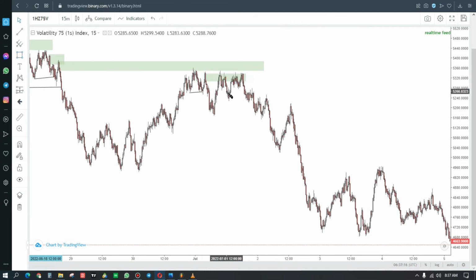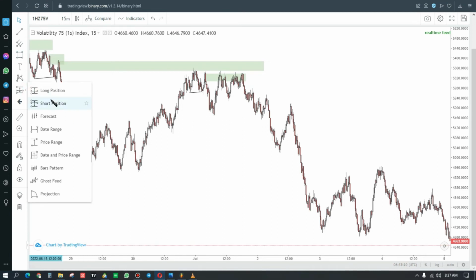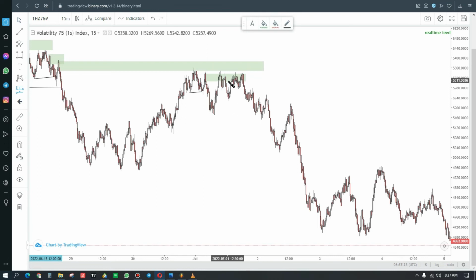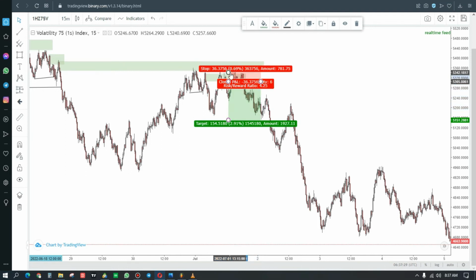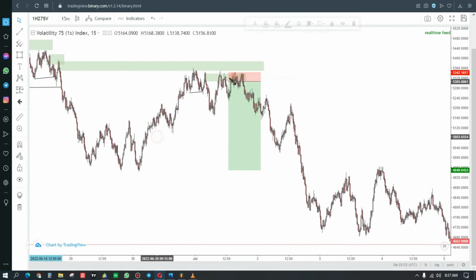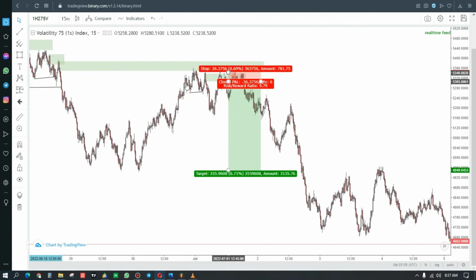So what I'll teach you, the other trick is, don't be so greedy to want to trade like this. I've seen a lot of SMC, SMT, ICT traders trying to trade like this, and most of the time the market will actually take you out.